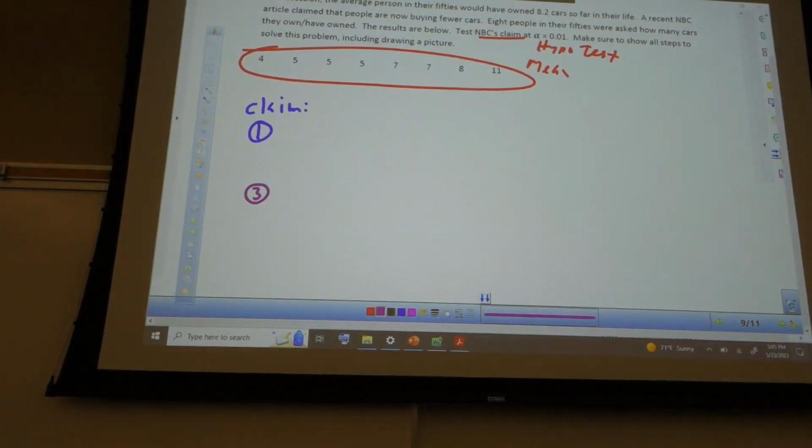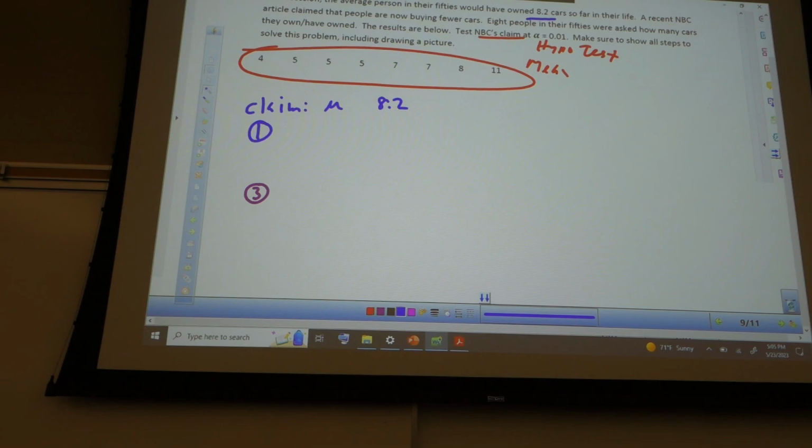Okay, so what's my claim? Should it be a mean or a proportion? Mu or P? Mean should be mu. There should be no P's anywhere, no P hats. What about 8.2? This is what they're comparing it to.